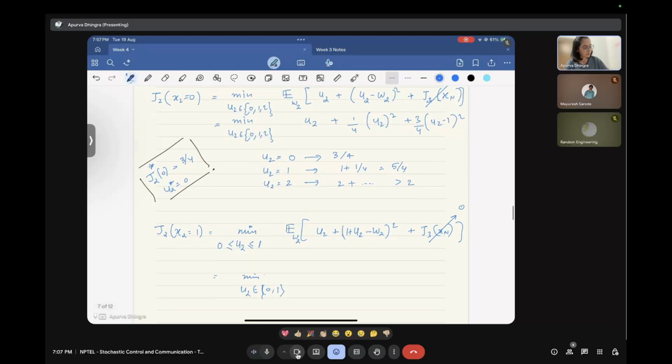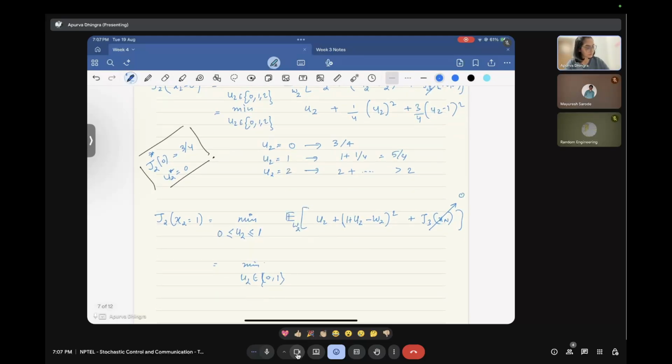Right, so now this is what we're supposed to minimize. So this is u2 plus 1 plus u2 squared with probability 1/4 when w2 becomes 0, and with probability 3/4 this is just u2 squared, and we're supposed to minimize over this.